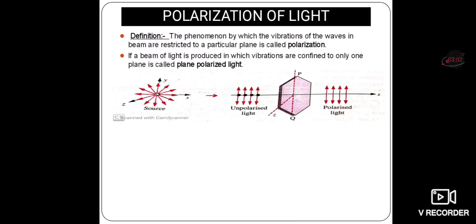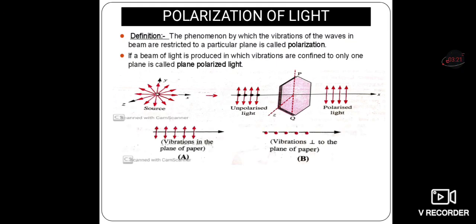Whenever unpolarized light passes through a certain crystal, you get polarized light. Polarized means the vibration is restricted to only one plane. Here the perpendicular vibrations are absorbed, and only the plane vibrations, or parallel vibrations, come out.